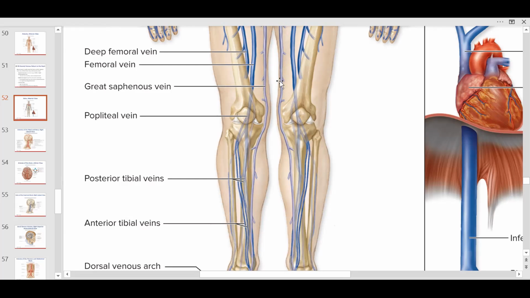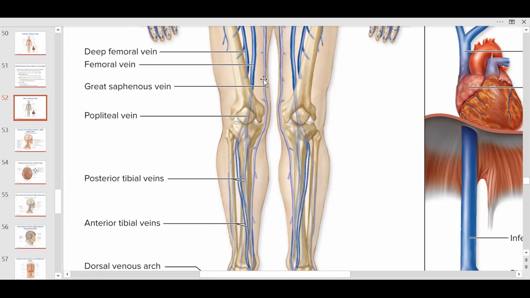You resect it, and then you take that great saphenous vein tissue and you plug it into the aorta, where the blood is nice and oxygenated and flowing freely, and then you plug it back into the myocardium, so the myocardium can get blood directly from the aorta. So you bypassed the clogged coronary arteries. I mean, we have to go back and fix them or put stents in them to keep collateral circulation going, but you could use this venous tissue.